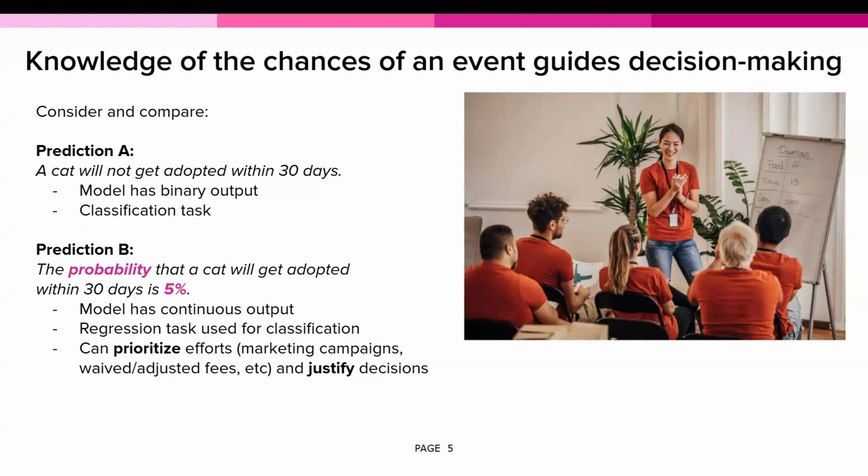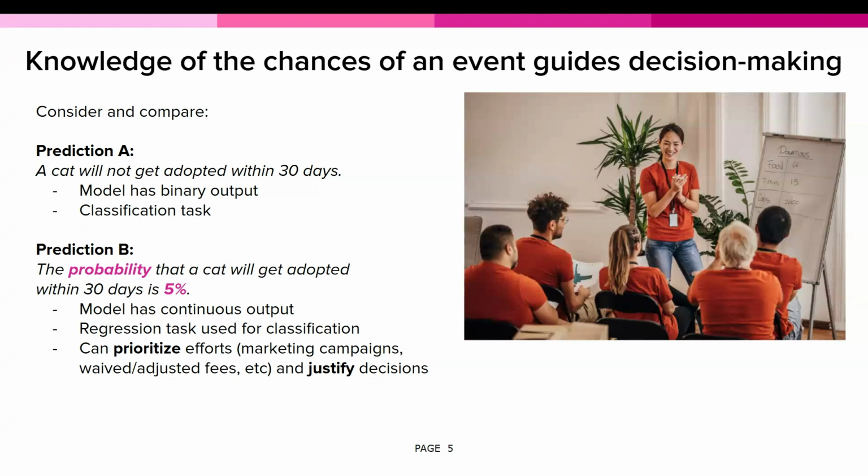So we trained our model on historical data, but our goal isn't to predict what happened to those cats, because that already happened. Instead, we use that information to predict what is likely to happen for new cats, especially those with similar but not identical profiles to those we've seen before.